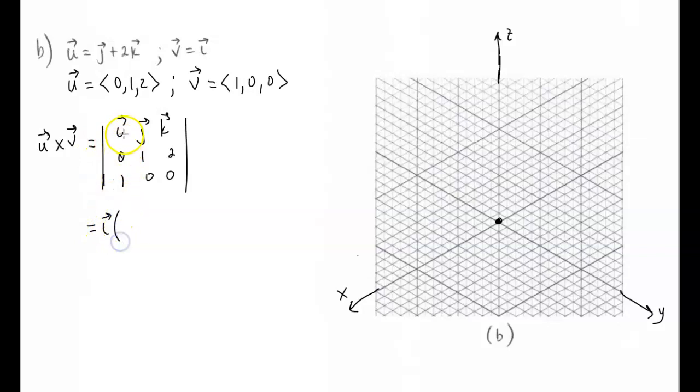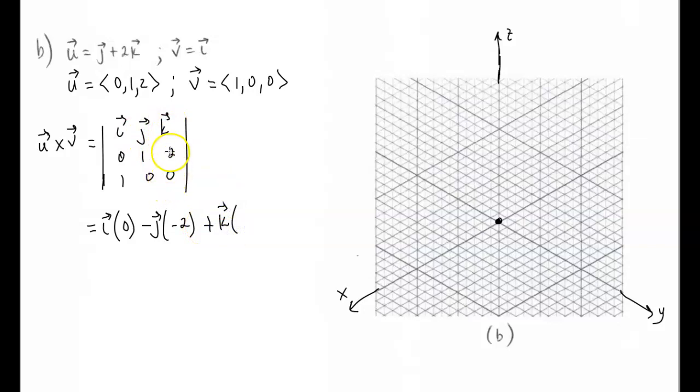So we'll say i times, take out this column, take out this row, and then 1 times 0 is 0, minus 0 times 2 is 0. Okay, minus j, take out middle column and top row, 0 times 0 is 0, minus 1 times 2, which will be a minus 2, and then plus k.